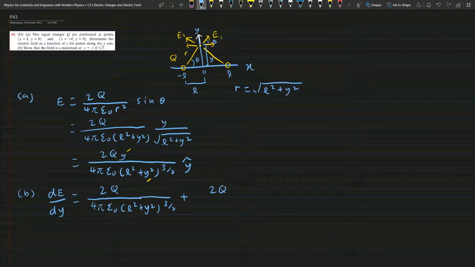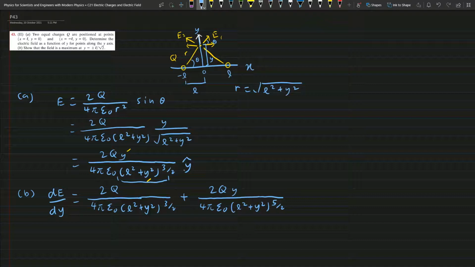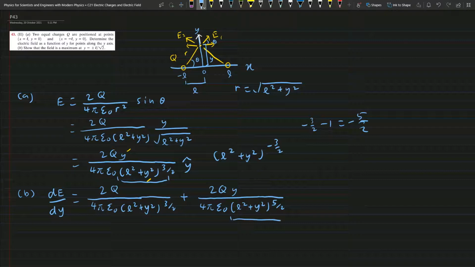So this is 2qy over 4 pi epsilon times L squared plus y squared to the power 5 over 2. You can see this part is actually L squared plus y squared to the power minus 3 over 2. When we differentiate, the 3 over 2 becomes minus 5 over 2, which is the thing we get here.